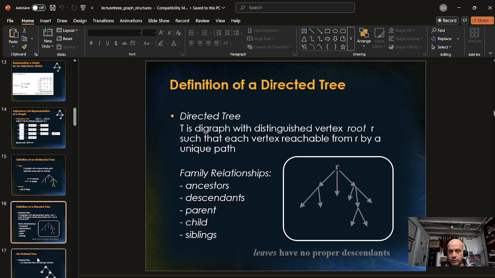Obviously, the root is going to allow access to each of the nodes, especially in the context of a directed tree. And if it's directed, it may be that some of the children are not going to be accessed by other children unless they're higher in the hierarchy of that given tree, right?